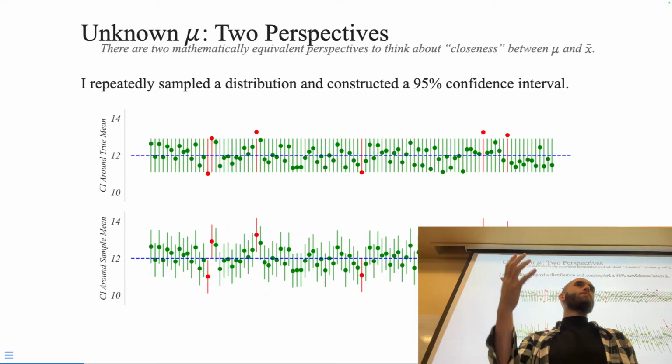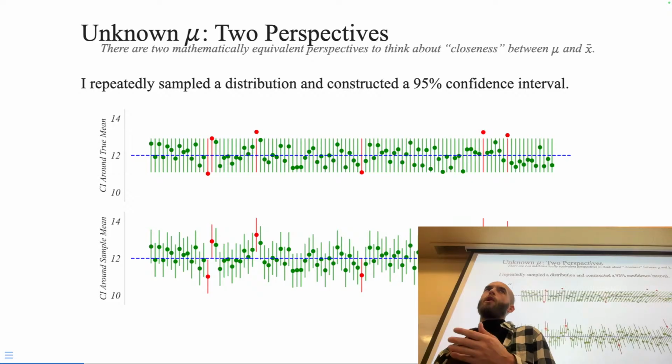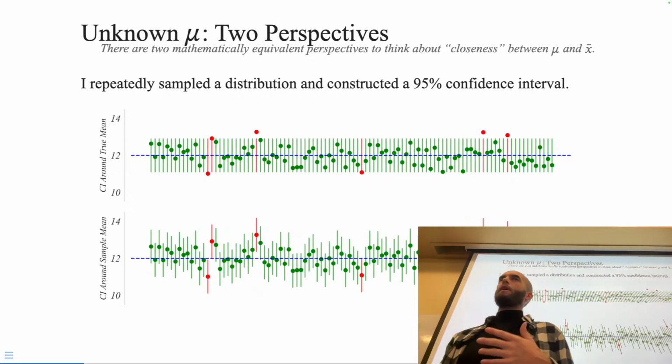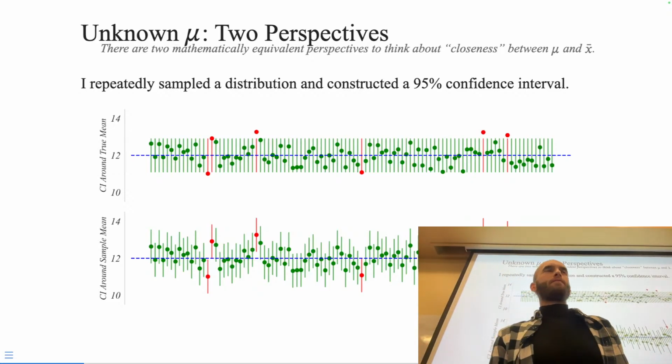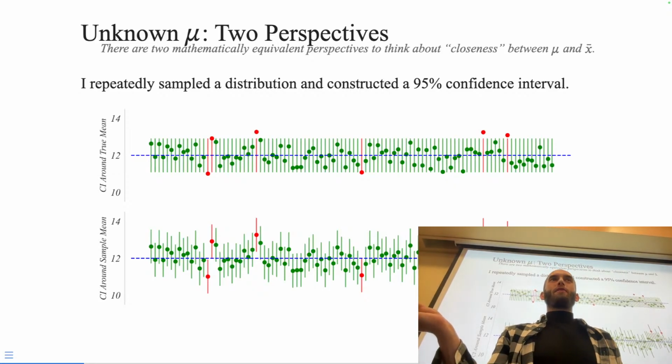So this is similar to the simulation we ran last class, where I asked you for a sample mean, and then we checked the confidence intervals. But what I've done here in the first row is just construct the confidence intervals around the truth, and then check whether each sample falls within the confidence interval. If it doesn't, I've colored it red, just so you can see it more easily.